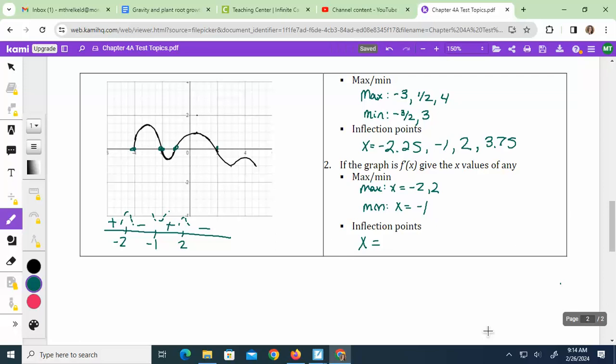So it's when this has a horizontal tangent, or in other words, where this has maxes and mins. So all of those maxes and mins up here, those are going to be your inflection points. So we have -3, -3/2, +1/2, +3, and +4.